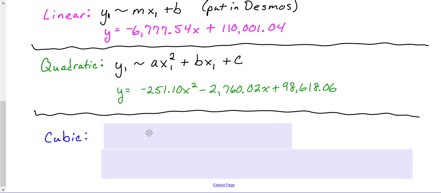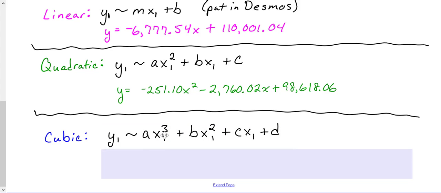For cubic, if you're following along, linear has an exponent of 1, quadratic starts with an exponent of 2, and, if you remember from Algebra 2, cubic starts with an exponent of 3. You just take your letters and continue on: ax cubed, bx squared, cx plus d.